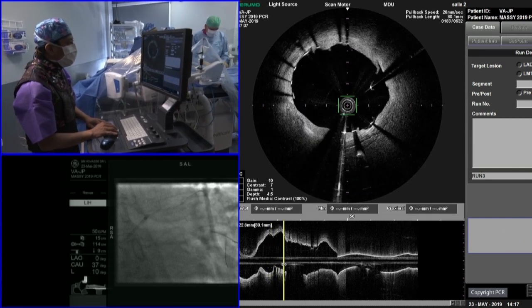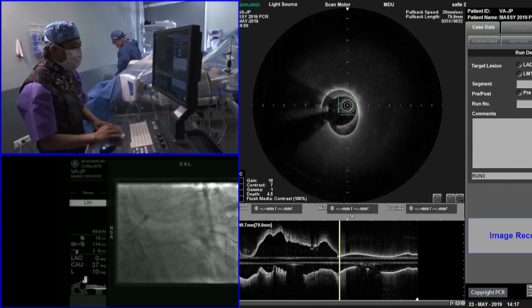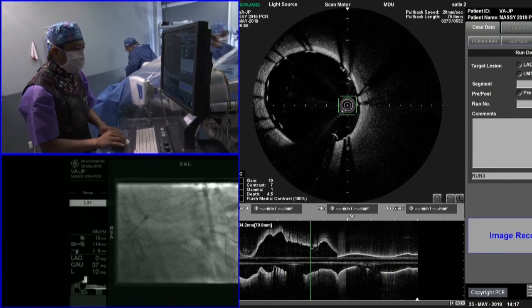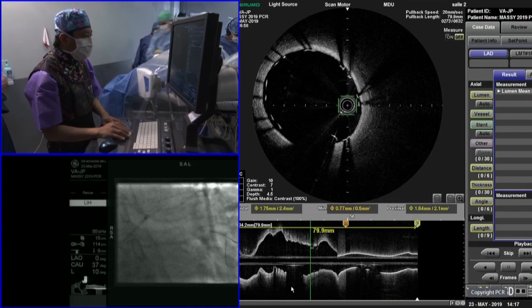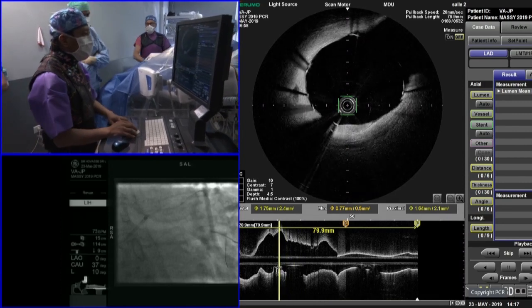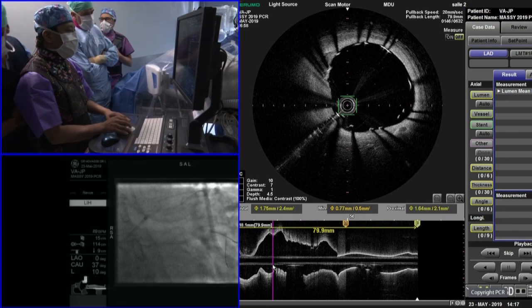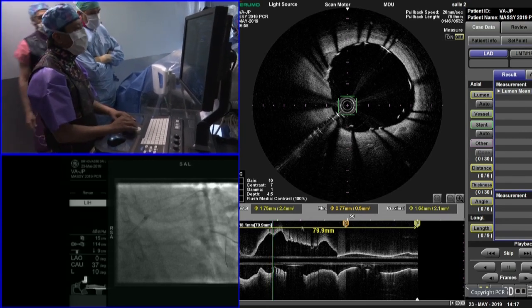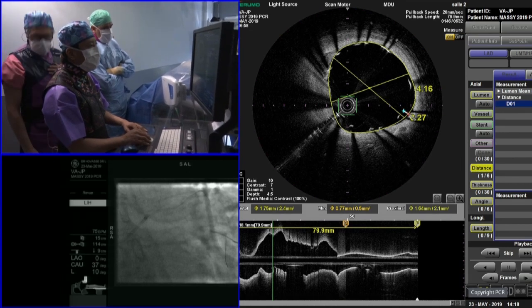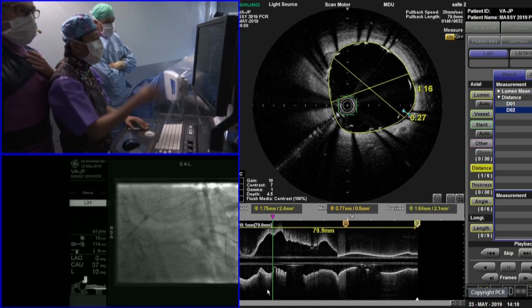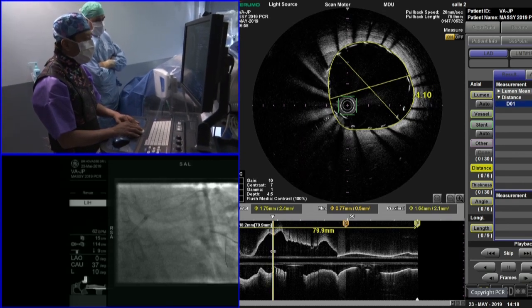I think the opening of the circumflex is quite big. There was a minor malposition in the distal part of the landing zone of the LAD, but it's quite minor. It's probably less than 400 micron, and the extension is 0.27. So I think we can be sure that at follow-up it will disappear naturally.